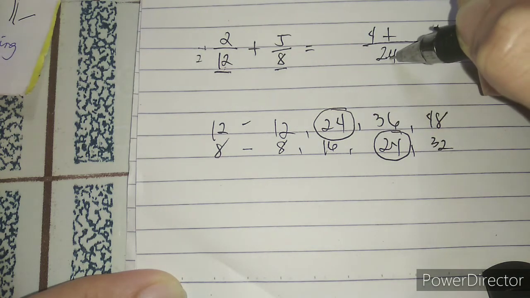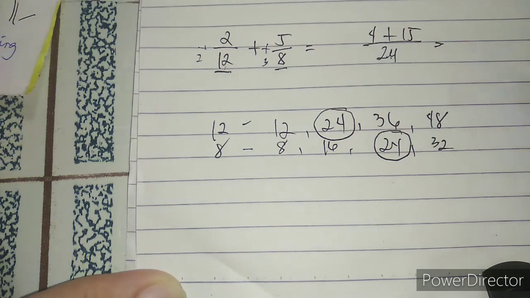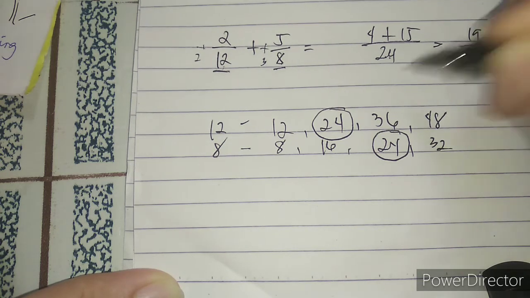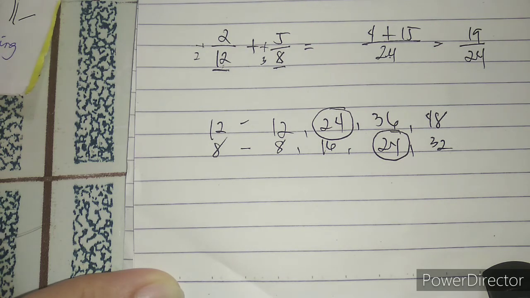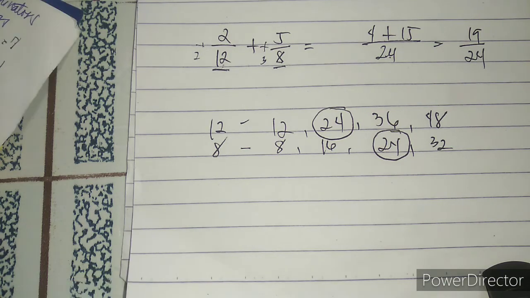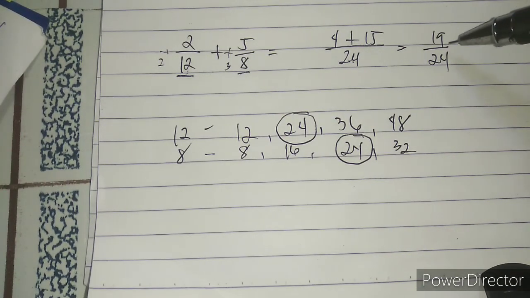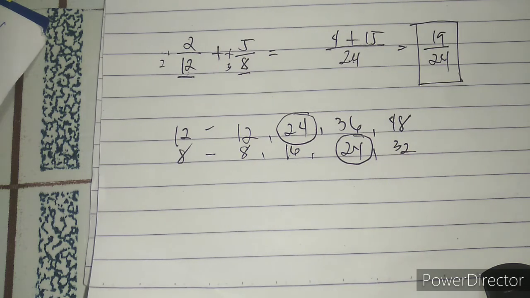And the next, 24 divided by 8 equals 3. And 3 times 5 equals 15. Add the numerator. 15 plus 4 equals 19. And copy the denominator, 24. So, 19 over 24. Ang tanong, ma-simplify pa ba siya or ma-reduce? Hindi na. Kasi wala na siyang factor na pwedeng ma-divide sa 19 or sa 24. Bale, ito na yung simplest form niya. So, the final answer natin is 19 over 24. Okay?